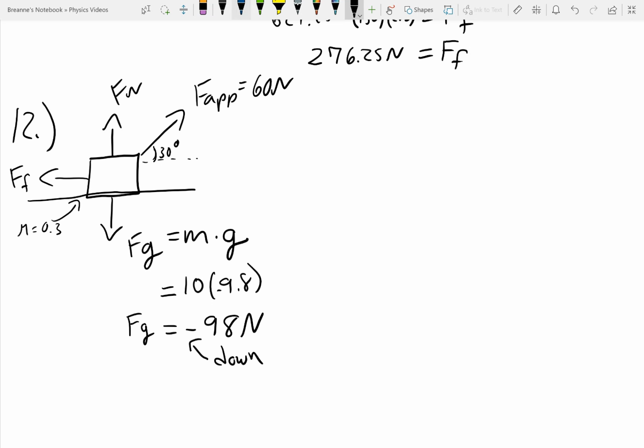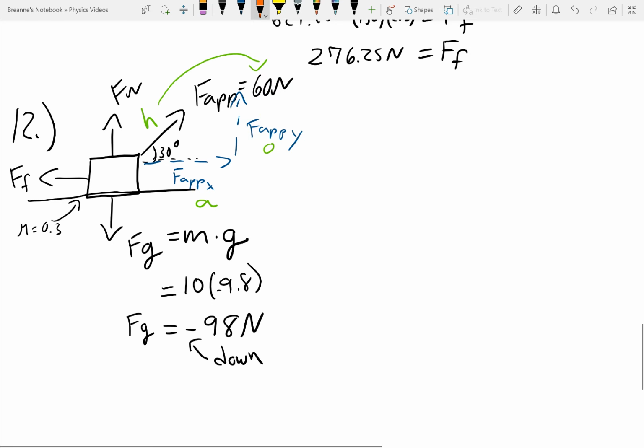Next thing you need to do is break your force applied into its x and y components. So this is your hypotenuse, which is your 60. This is opposite, that's adjacent. You can solve for your force applied in the y using sine.